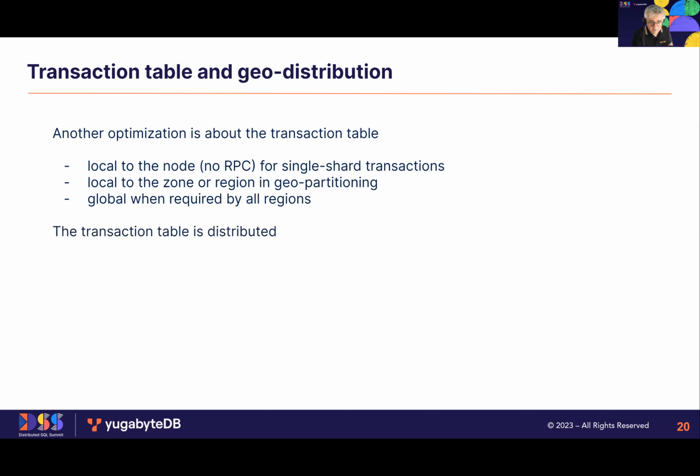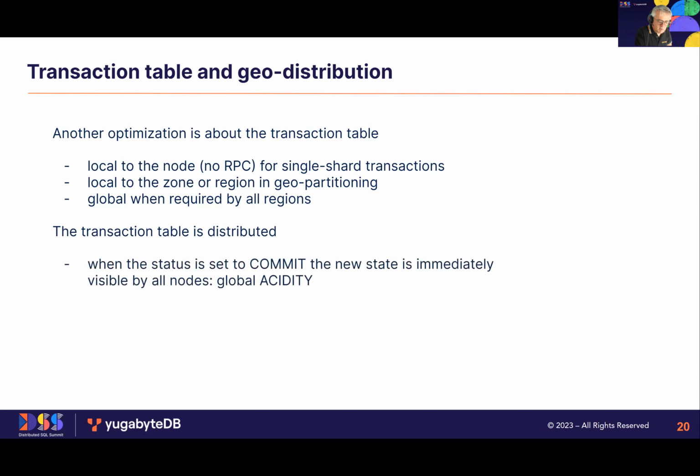If there is a need to have a transaction that touches all regions, then there is a transaction table that is visible by all nodes. Of course, it adds some latency on reads and writes. But the transaction table is distributed. That's a big difference with traditional databases.